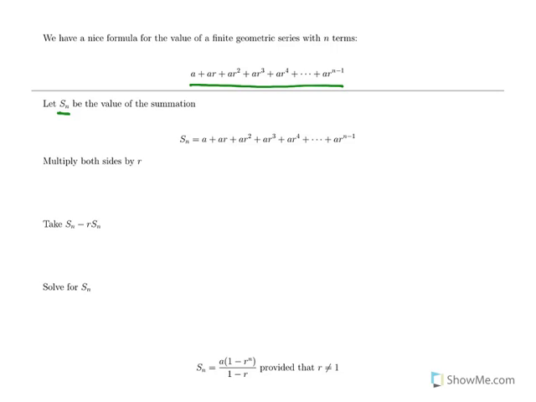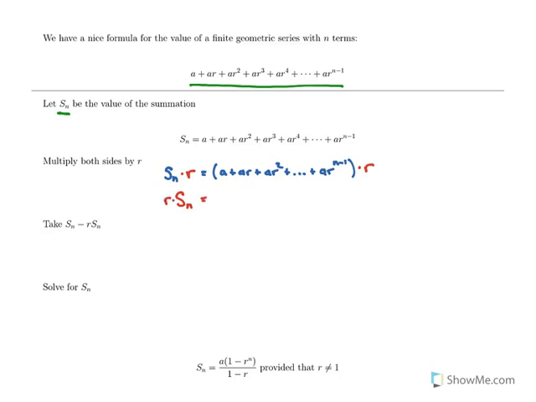First thing we're going to do is take this S sub n and multiply by R. So we're going to take this A plus AR plus AR squared plus dot dot dot plus AR to the n minus 1, which is S sub n. We're going to multiply it by R. So we're taking both sides, multiplying by R. And this will leave us with R times Sn.